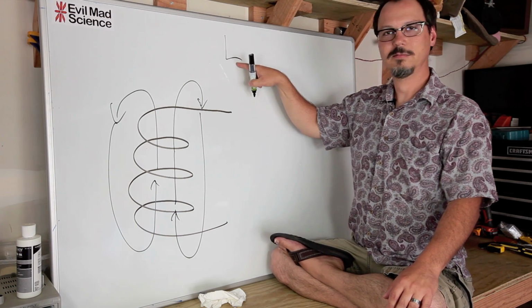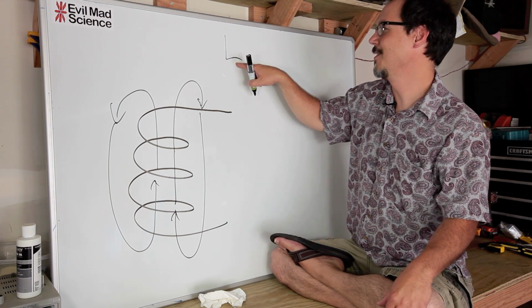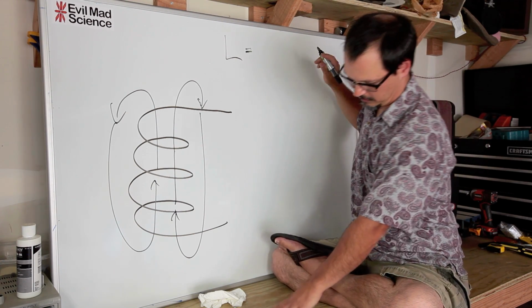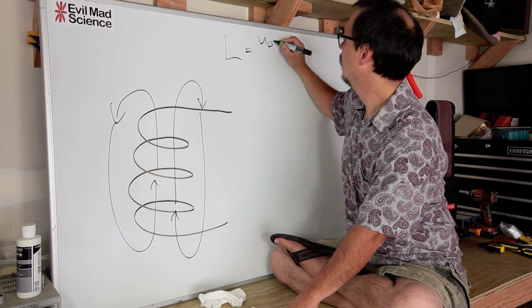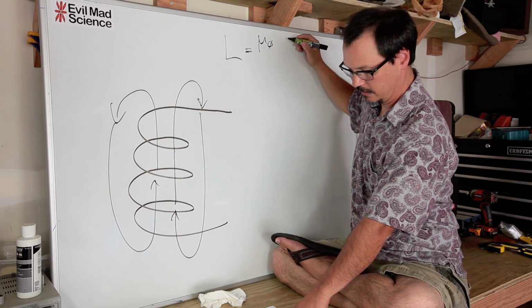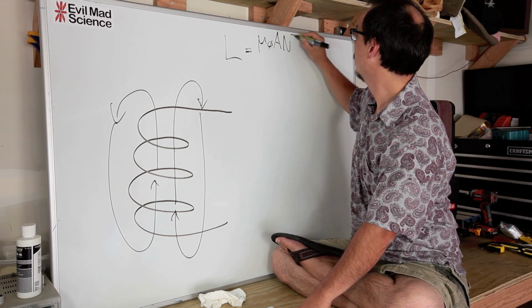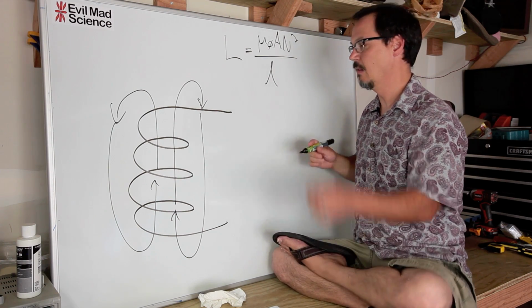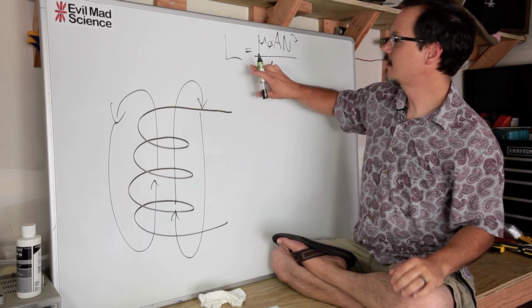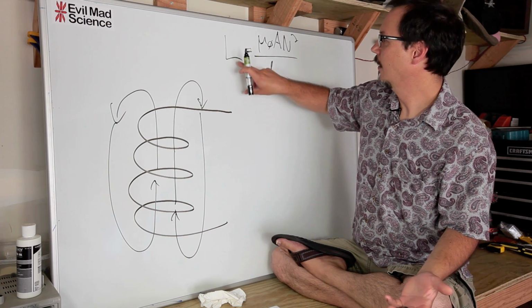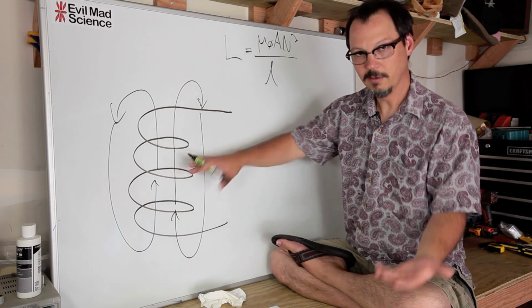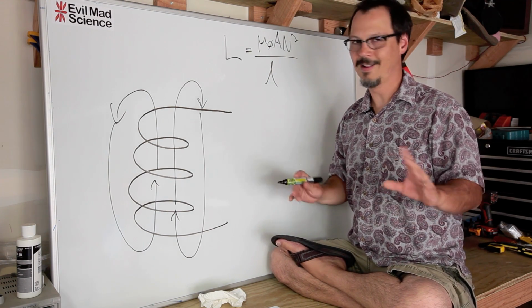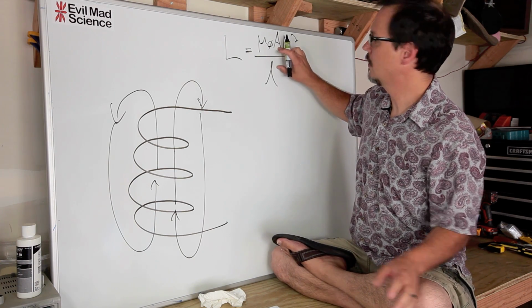L is the symbol for inductor, and it's actually measured in henries, but L equals, and I got this equation here, mu naught times A n squared over, that's a bad script, L. What this says, and a lot of you know this equation probably, is that the inductance of an inductor, because that's what it is, is mu naught, the permeability of air, and I'll explain that in a second, times the area.